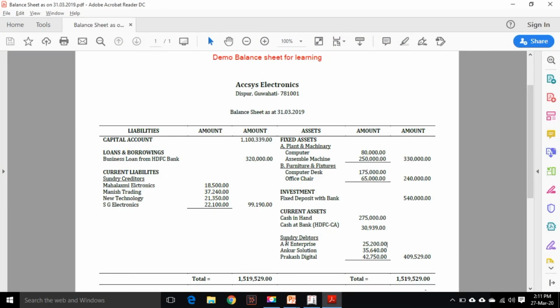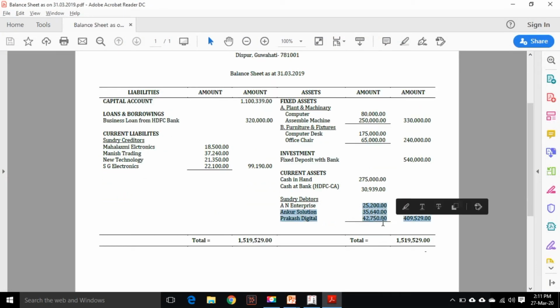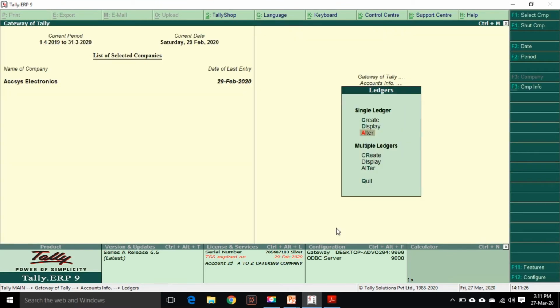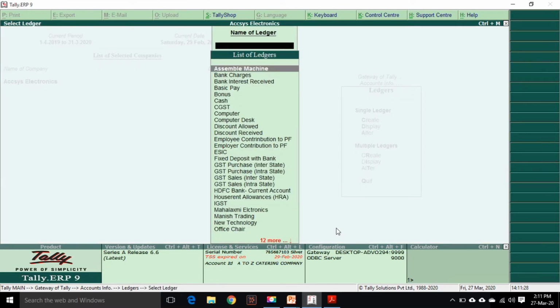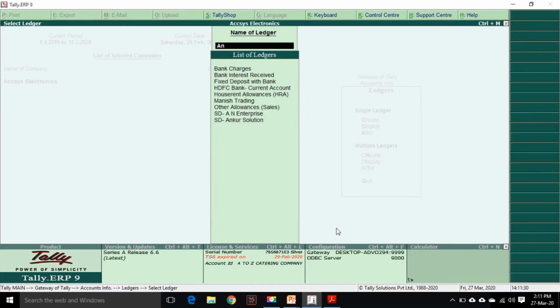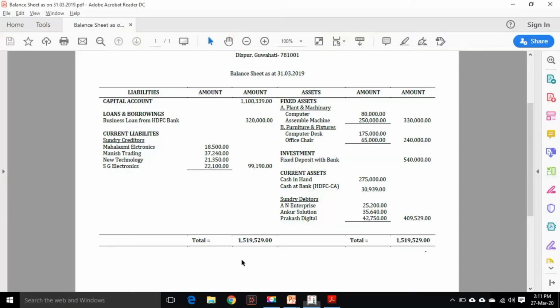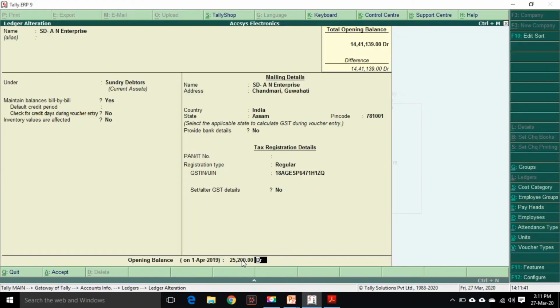Next, these debtors. We will receive this much amount. This is the debit balance of debtors. Go to Alter, AN Enterprise. Here you have to give your opening balances. 25,200 debit, and this is a debit balance.